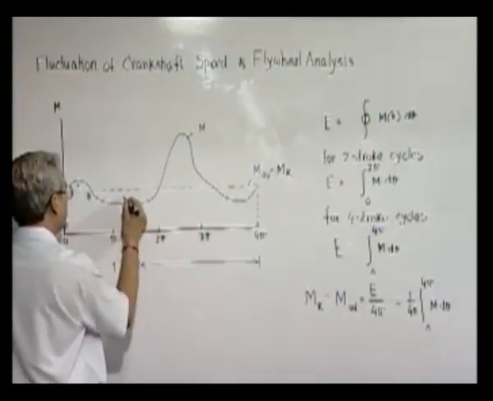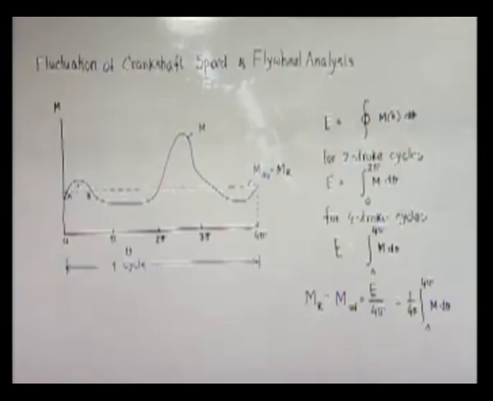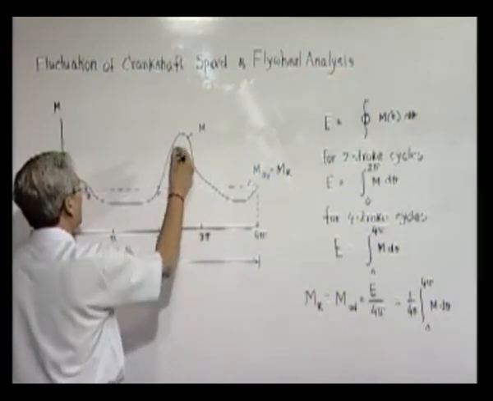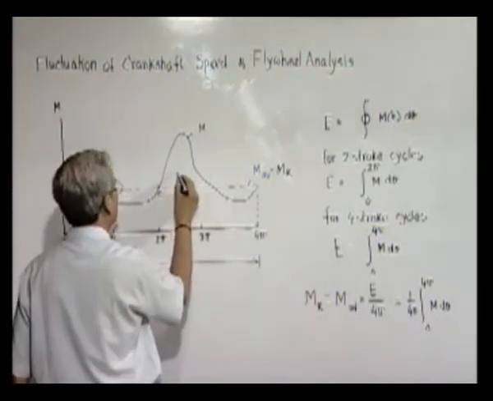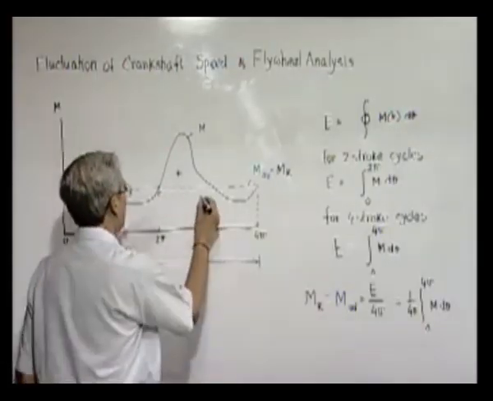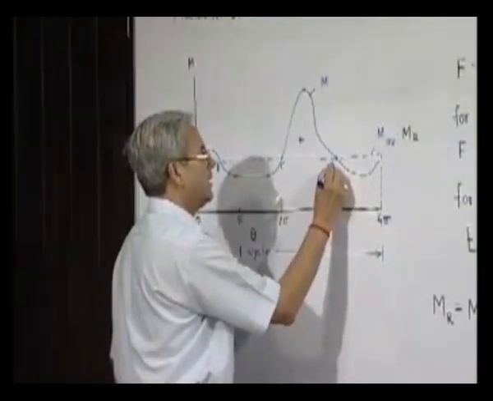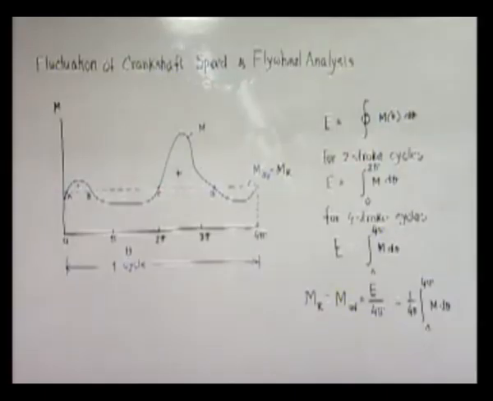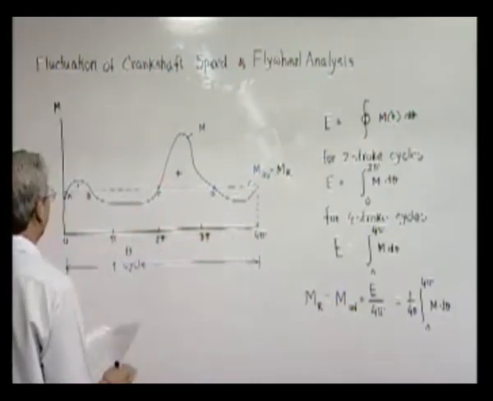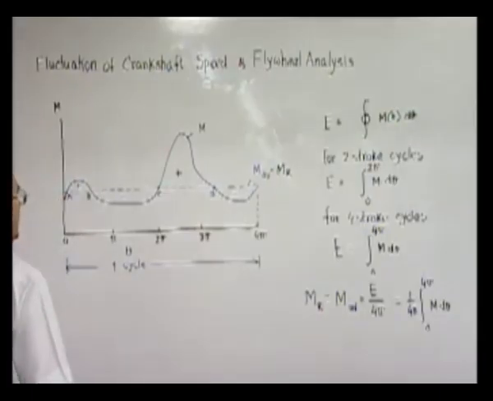So energy is depleted and kinetic energy goes down up to a point C, where again the driving moment becomes more. That means it starts accelerating the system, adding energy till point D, where again the driving moment becomes less than the resistance, and so energy is depleted, reducing the speed. Again it goes back to point A.